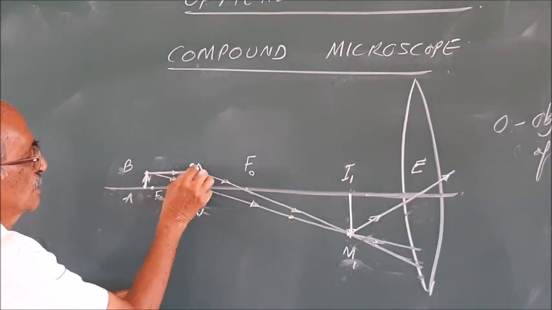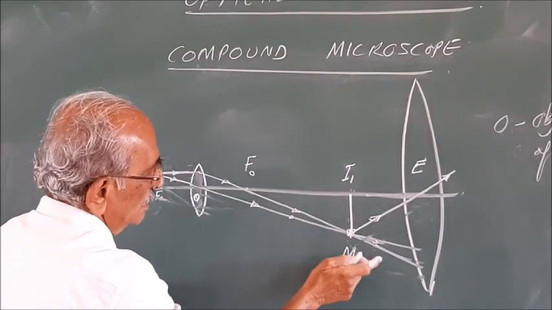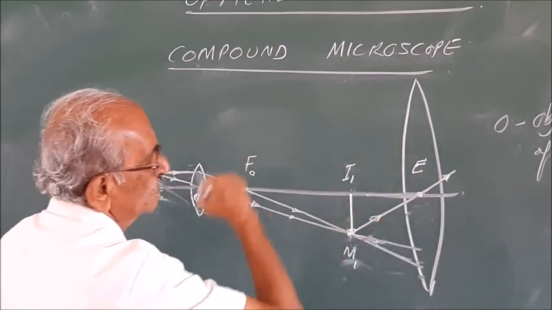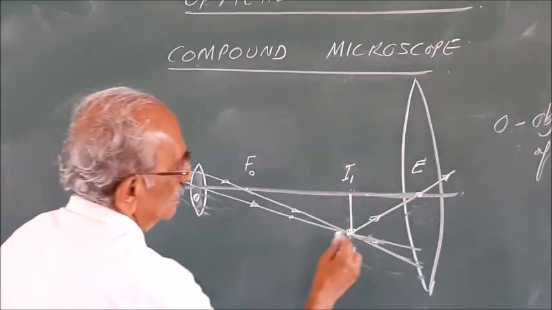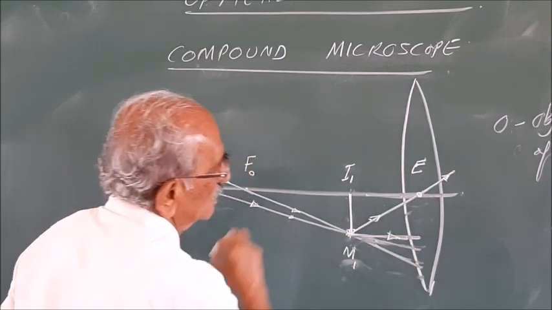See, there are several rays, remember. I have taken only these two. Similarly, there are several rays going from this point. I take that ray which passes through the optic center, and another ray parallel to the axis, like this.